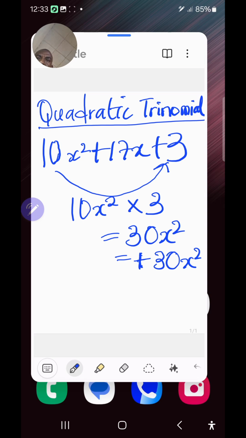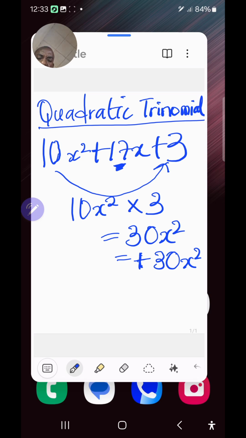Now, the next procedure we are going to consider is we have to find the factors of 30x squared: two numbers that, when you multiply them together, the product will give you 30x squared, and the sum will give you 17x.